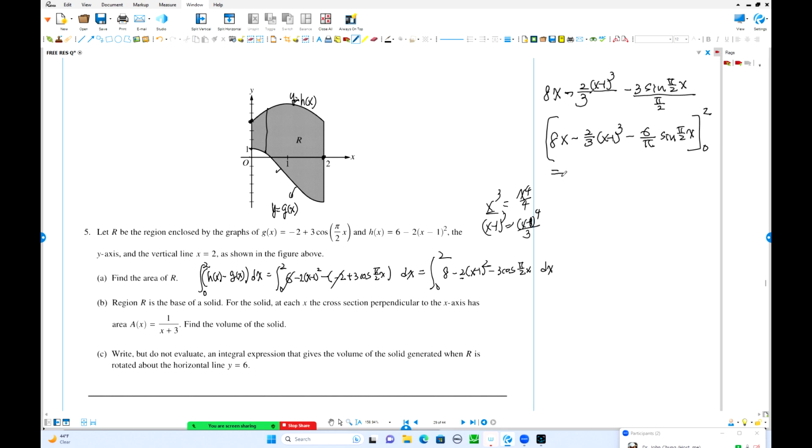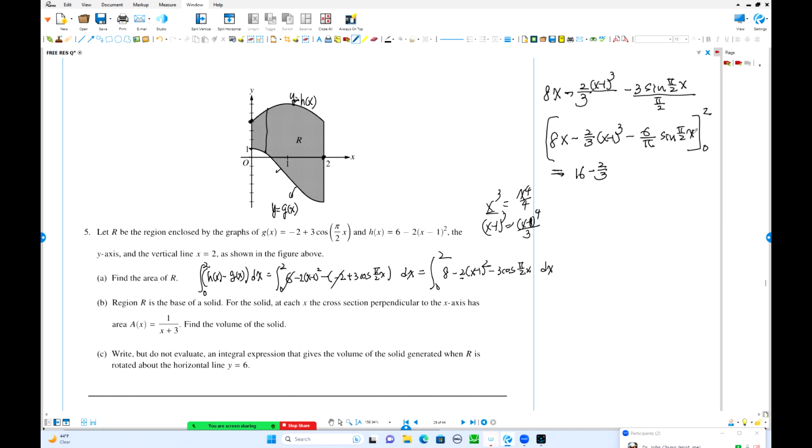This is a lot of work. Many times we take antiderivatives like this. Put in 2: that gives 16, minus 2 times (2 minus 1) squared, which is 1, leaving 2/3.